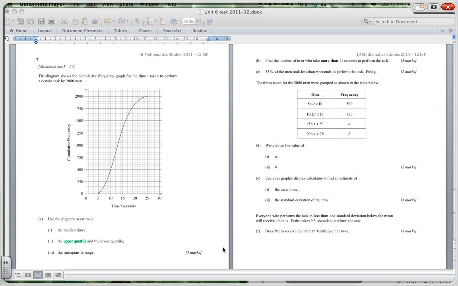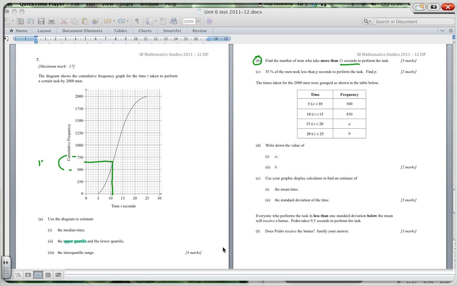Now it says B, find the number of men who took more than 11 seconds to perform the task. So 11 seconds is over here. If I go up at 11 seconds and go across here, now we've got to read off that value. Now this is 500 and this is 750, so you've got to be a little bit careful here.